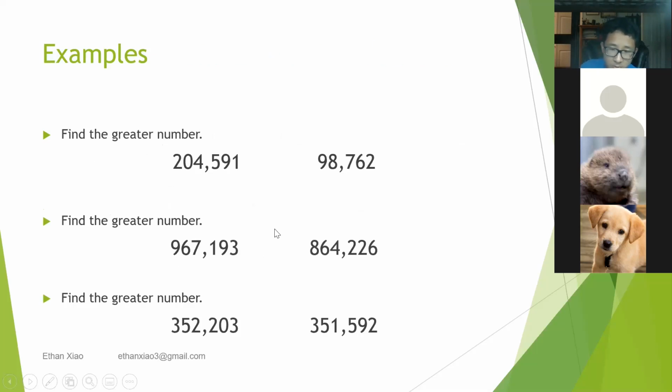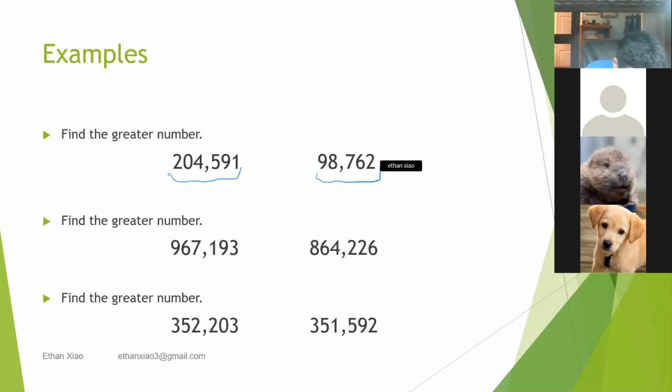I have some examples that I'm going to do. I am going to find the greater number for the first two. So I can see 204,591 versus 98,762.